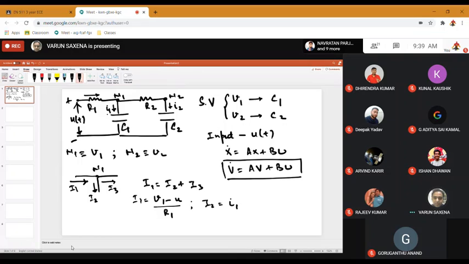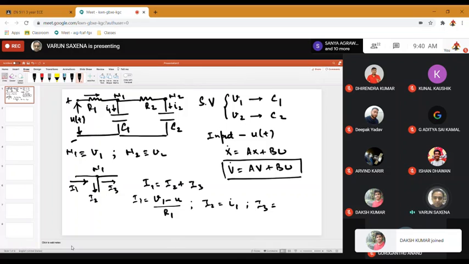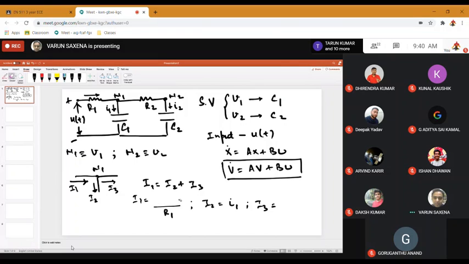Then I3: so sorry, the current flows from a higher potential to a lower potential, so this would be U minus V1.